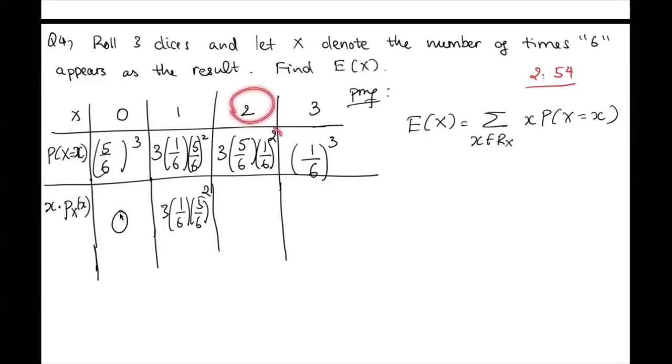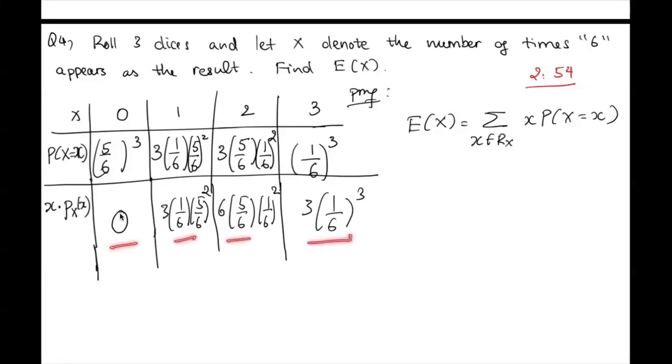And then I take 2 multiplied with this. 3 multiplied with this. And then in order to calculate the expected value, you just sum up all the values of the last row.